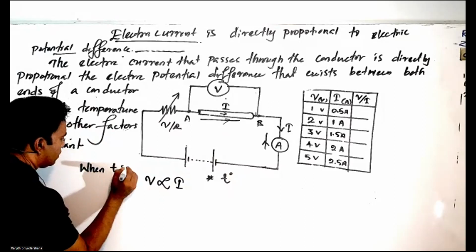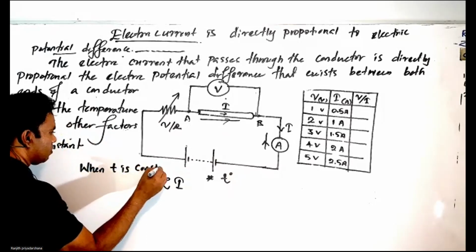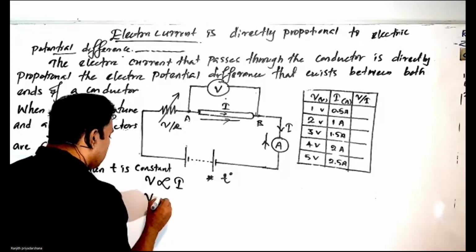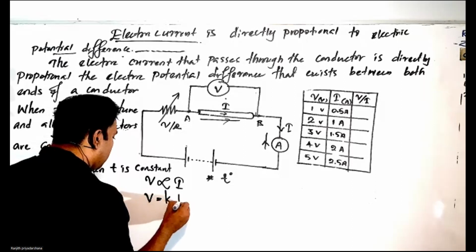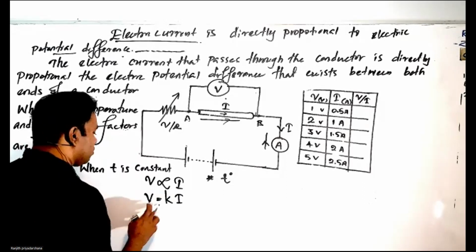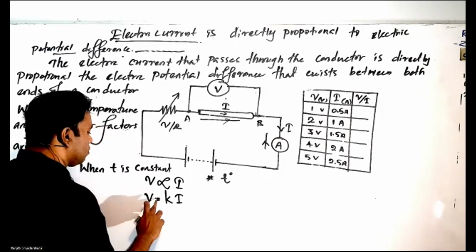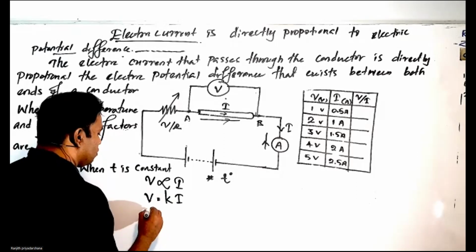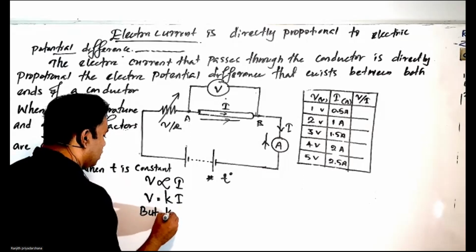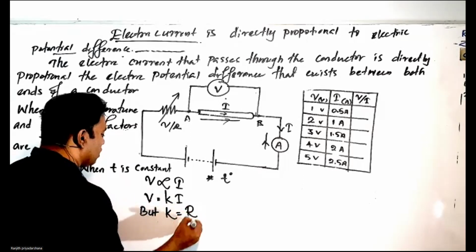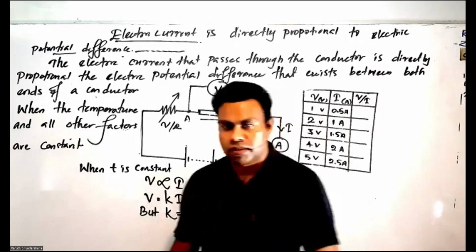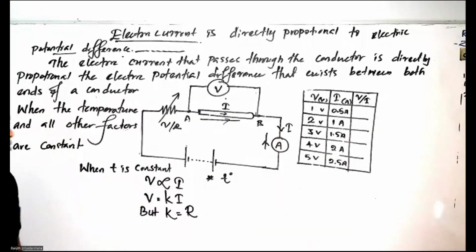When T is constant, V is directly proportional to I. That means V equals constant times I. But Ohm says the constant K equals R, where R means resistance.